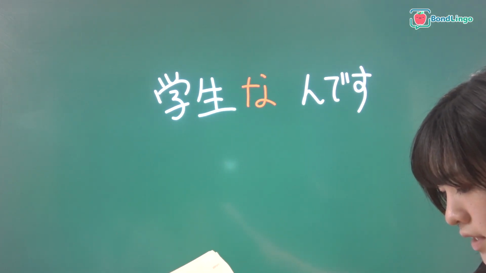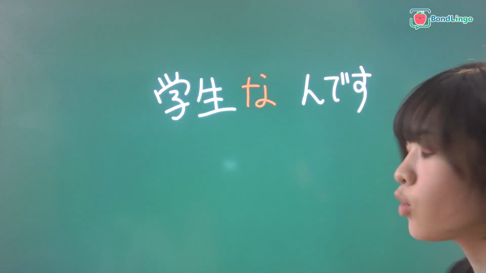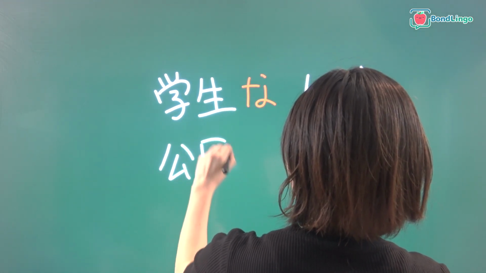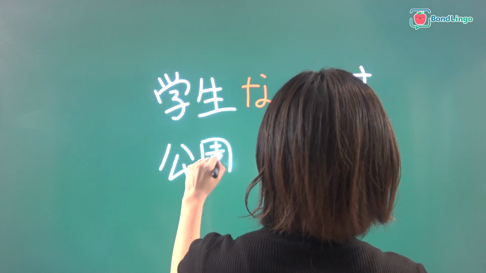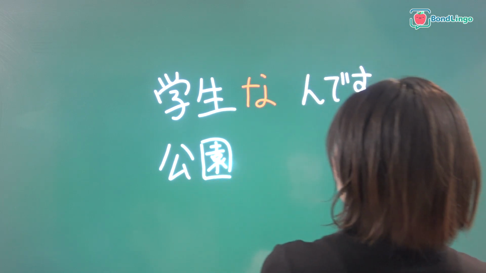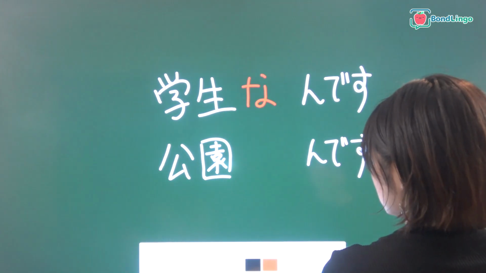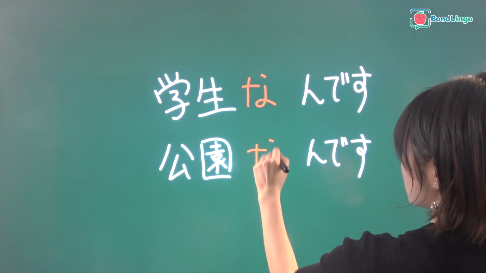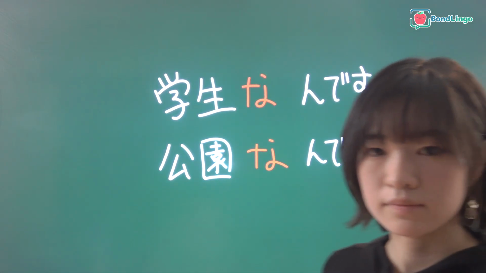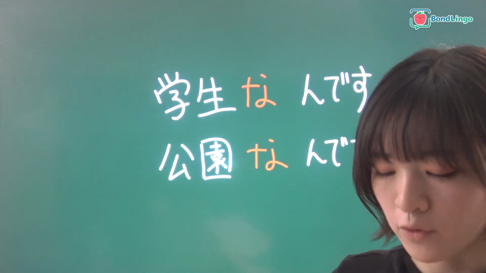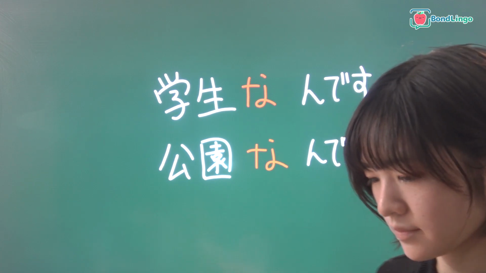Next example, a park, 公園. So we want to add な after park. 公園なんです. Okay. So for nouns, please add な before this.